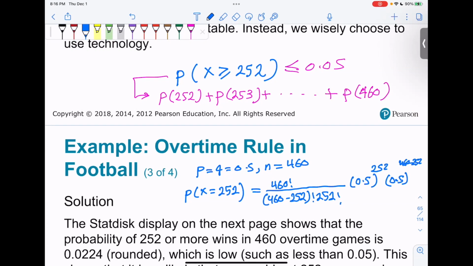And you will do this process for each single one of those, which manually is impossible, right? So now we have to use technology.